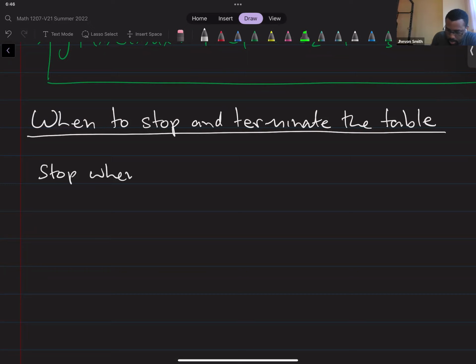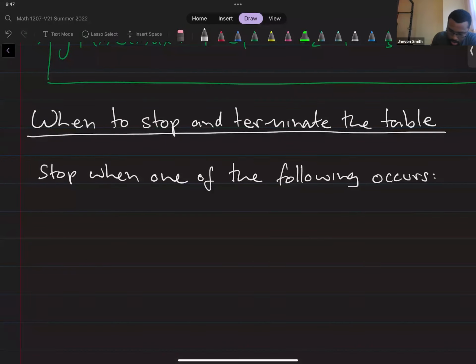Stop when one of the following occurs. So 1, the derivative column eventually will hit 0.